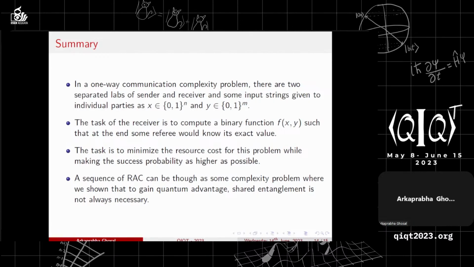I cannot say clearly what the exact limit will be, but I can say that if this Boolean function is an XOR function, it will always give you one if Alice and Bob share some PR correlation. In that case Bob will exactly guess every bit of Alice for any 2-to-1 RAC game. But PR correlation is a post-quantum correlation.